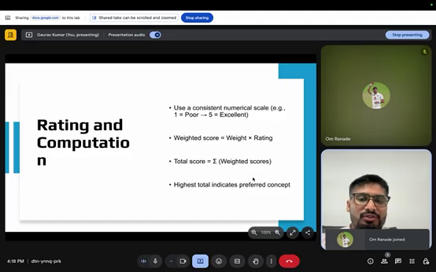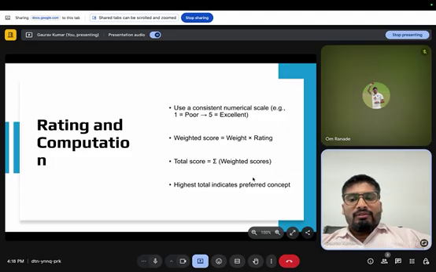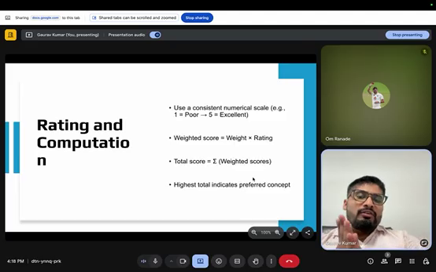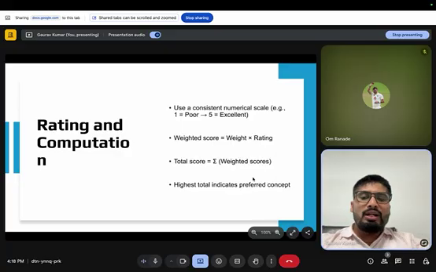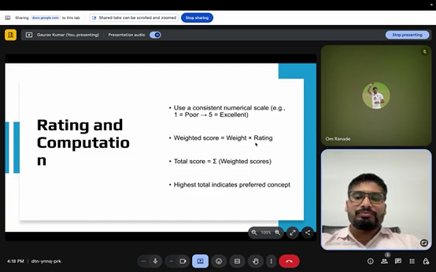So it allows direct comparison across vastly different parameters such as ergonomics, durability and cost. So even a small difference in the total scores is meaningful, as they reveal where further refinement may be needed. Okay.